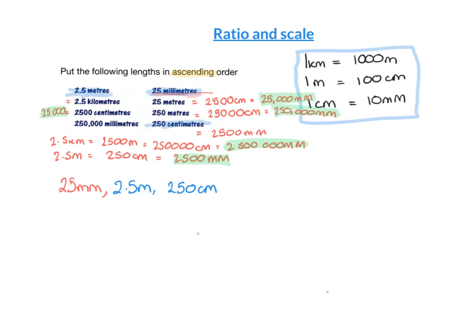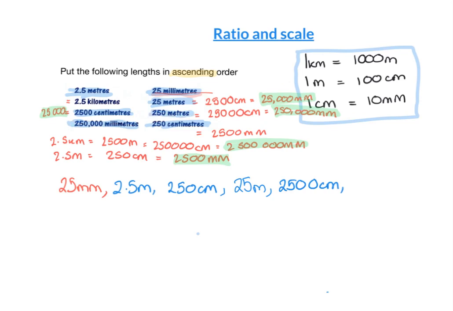So my next one is going to be my 25,000, which is my 2,500 centimetres and my 25 metres. Okay, then we've got our 250,000 millimetres. So we've got on that one is going to be my 250,000 millimetres and my 250 metres.